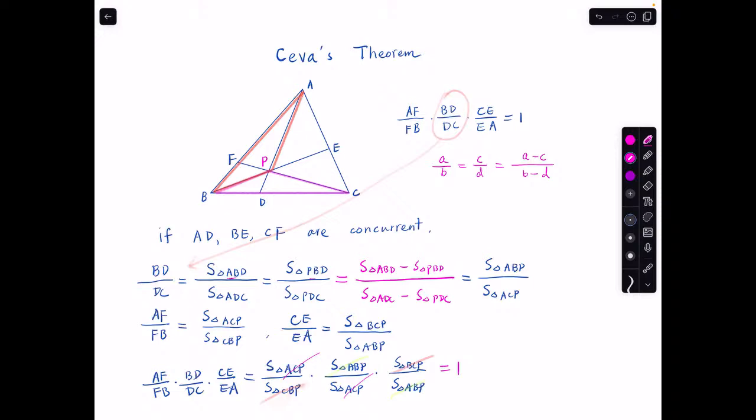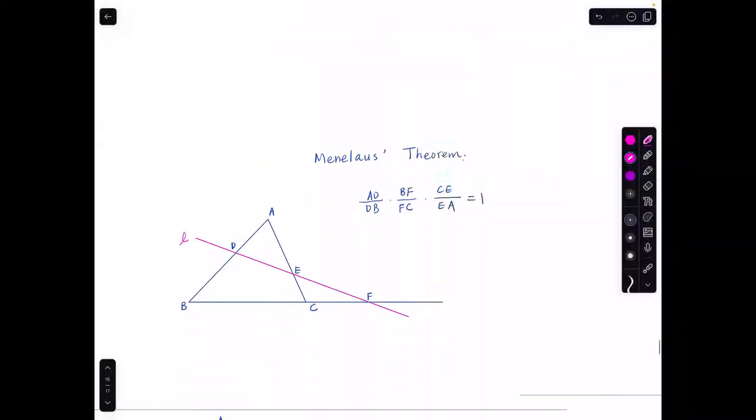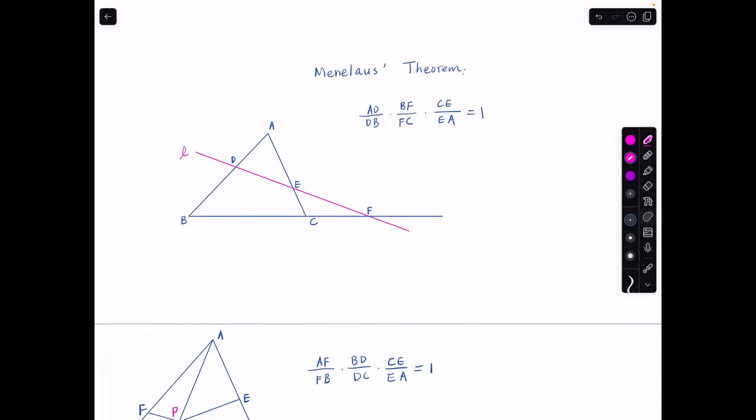In the previous session, we introduced Menelaus's theorem, that says if you have a triangle and another straight line cutting the triangle's three sides at intersection points D, E, F, then we have AD over BD times BF over FC times CE over EA equal to 1.